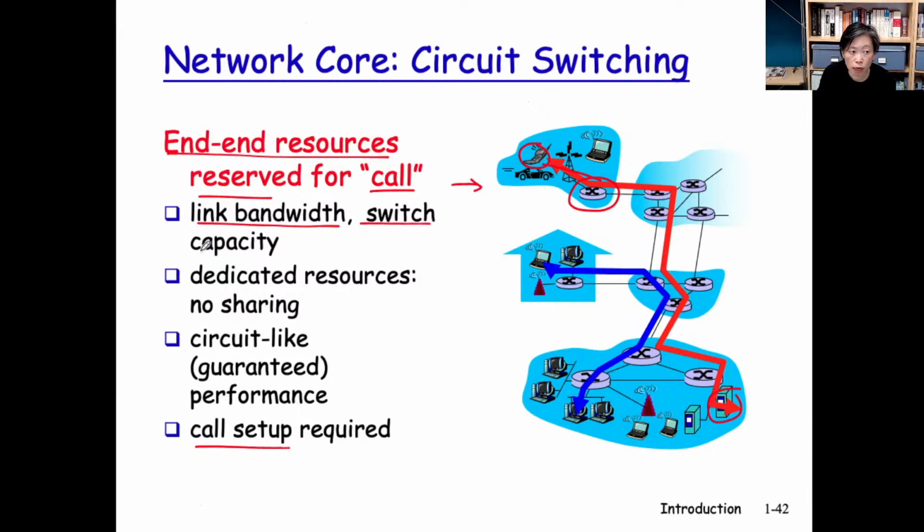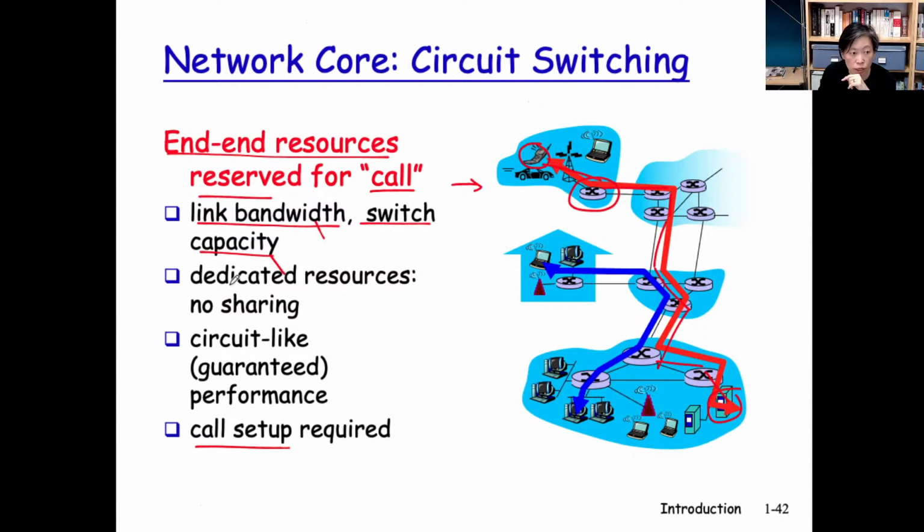So that is what I meant by switch capacity here, to guarantee that the packet will not experience delay and not experience any loss. Similarly, for the second hop, the third hop, fourth, fifth, sixth, seventh, and eighth. When all 8 hops of link bandwidth and switch capacity reservations are done, then you build a circuit.